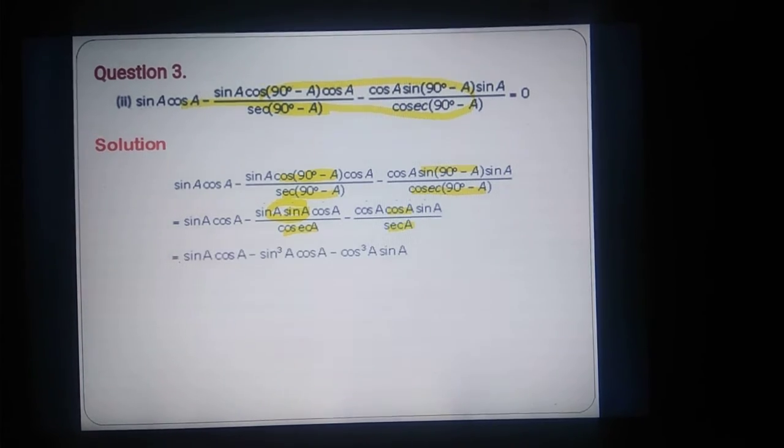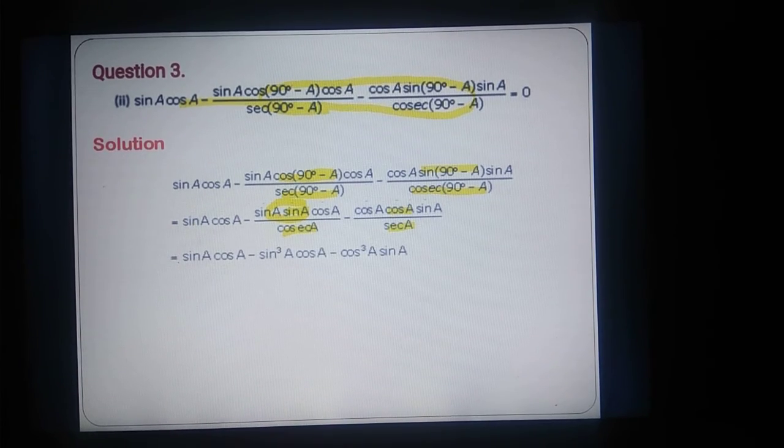So we can write sin a cos a sin cube a. As this went up it became sin cube a cos a, and minus is there, so minus cos cube a sin a, right? Now if you see here carefully in this part, there are some things common.